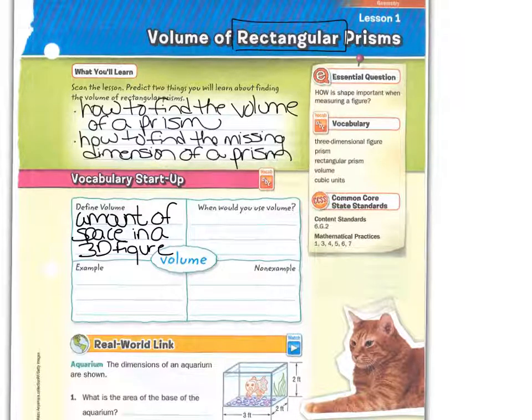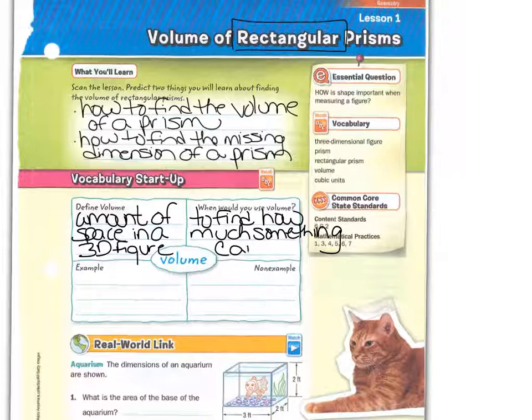When would we ever use volume? Well, hopefully you've also maybe done some of this in science, but you'll use volume to find how much something can hold. For example, an example of something that would be using volume would be how much space inside of an aquarium.